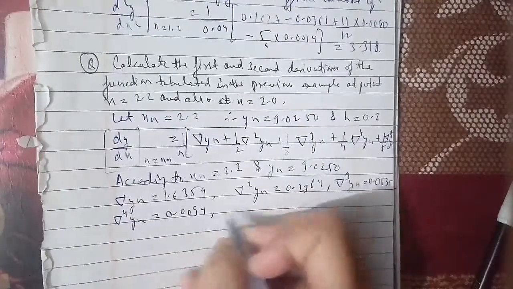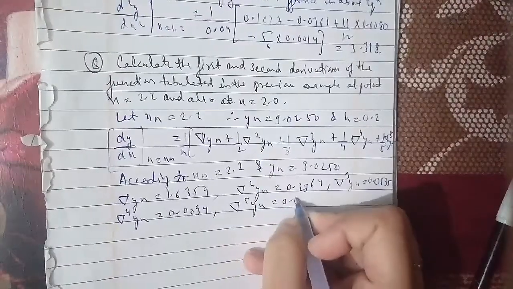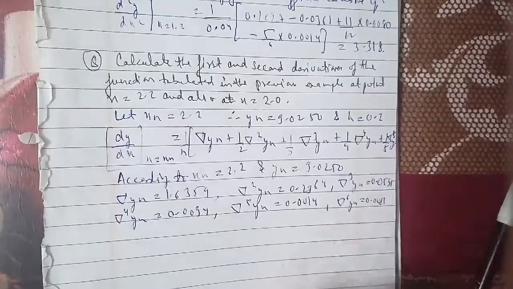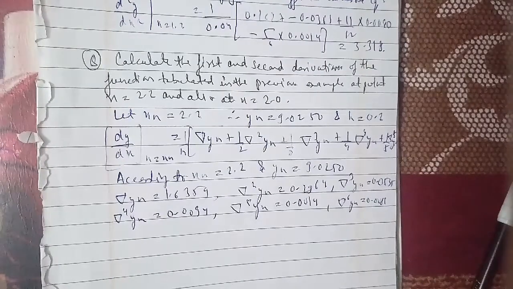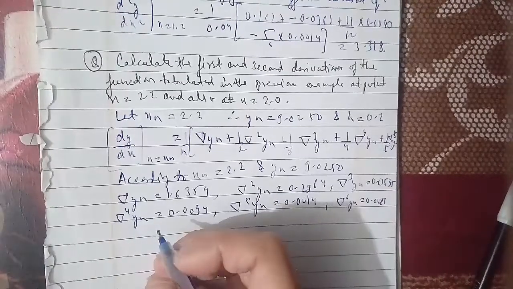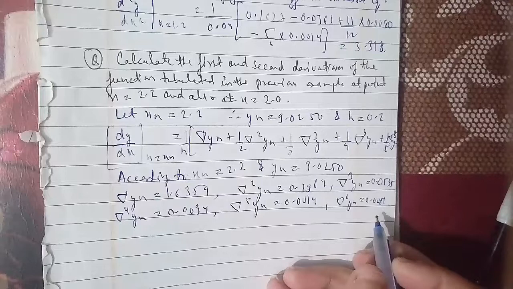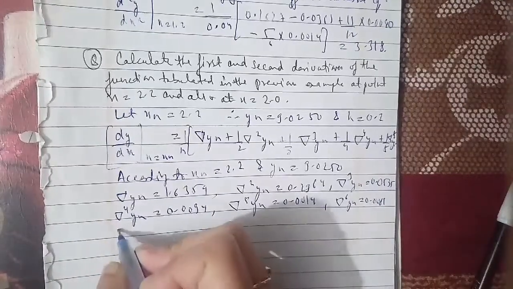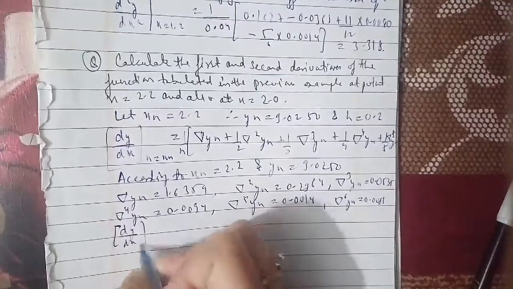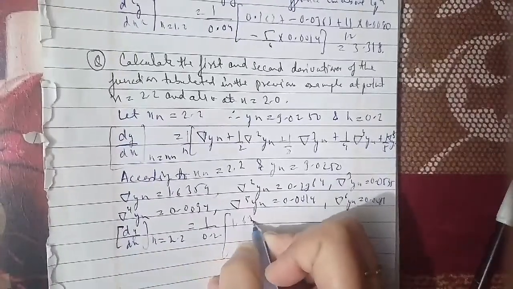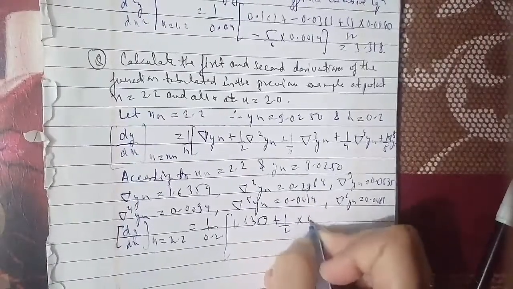According to the conditions that we have given here, putting those values in the above equation, we get dy upon dx at x equals 2.2 equals 1 upon 0.2 [1.6359 plus 1 upon 2 into 0.2964 plus 1 upon 3 into 0.0535 plus 1 upon 4 into 0.0094 plus 1 upon 5 into 0.0014 plus 1 upon 6 into 0.0001].